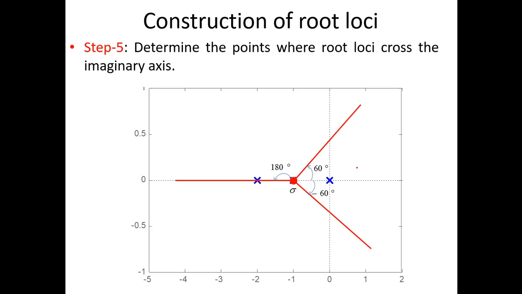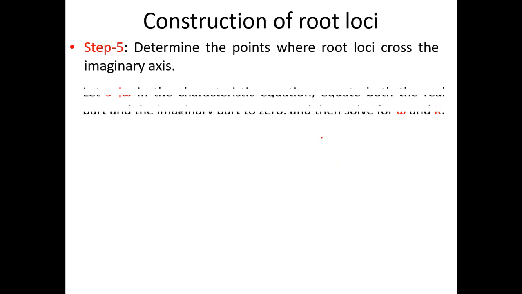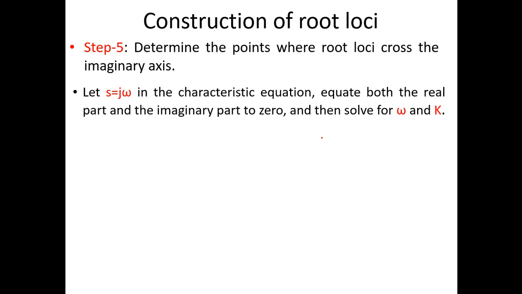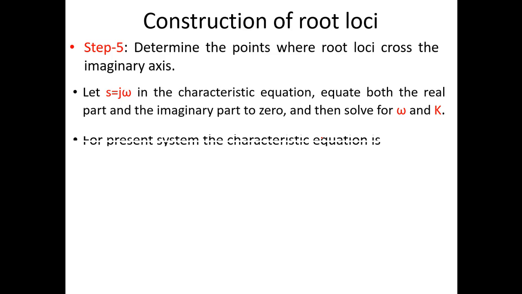Now the next step is to determine the points where the root locus crosses the imaginary axis. We want to see at which point of this imaginary axis the root locus will cut it. To find that point, you have to follow this equation, but before that you have to apply a substitution.